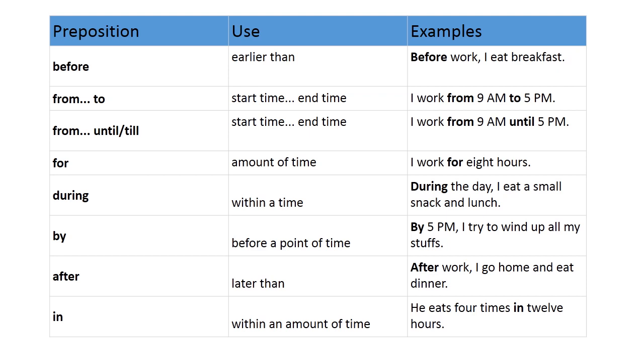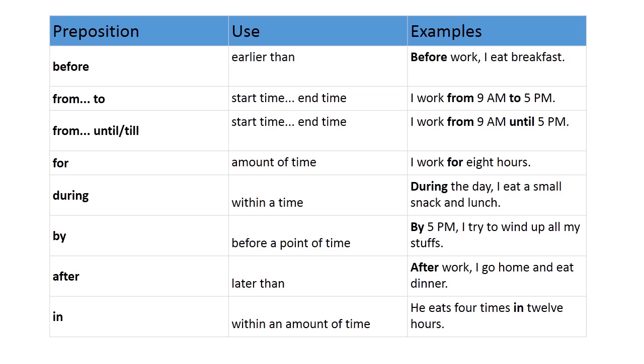From is used to describe start time, and to is used for end time. For example, I work from 9 a.m. to 5 p.m. Similarly, from is used to show start time when it comes with until and till, and until and till are used to show end time.